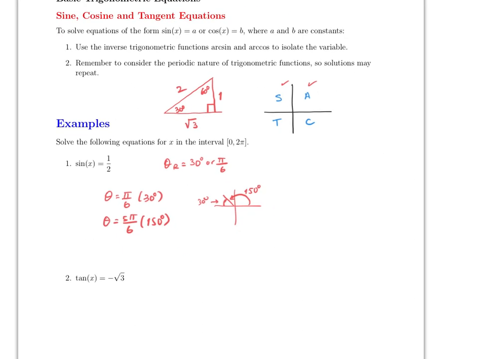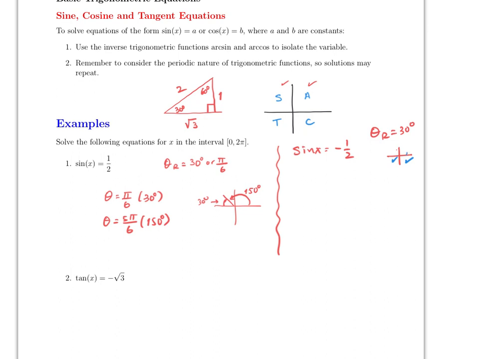Now here, let's say that the question, instead of asking you for sine equals 1/2, was equal to minus 1/2. The reference angle will not change, it still will be 30 degrees, but since sine is negative, now the angle has to be here, because here and here is positive.